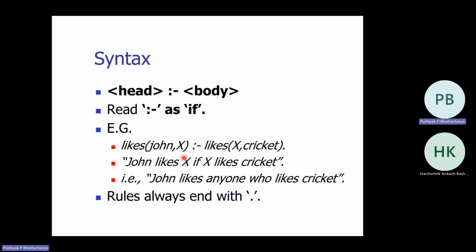For example, likes(john, X) :- likes(X, cricket). John likes somebody if that somebody likes cricket. This is for all quantified: John likes all and only those who like cricket. John likes X if X likes cricket; John likes anyone who likes cricket. Rules always end with a full stop.